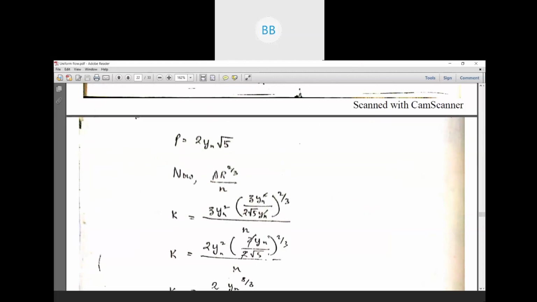Here you substitute all the parameters like area, and in place of R you substitute A by P. Area and perimeter we have already derived. Perimeter is twice y root over 5.